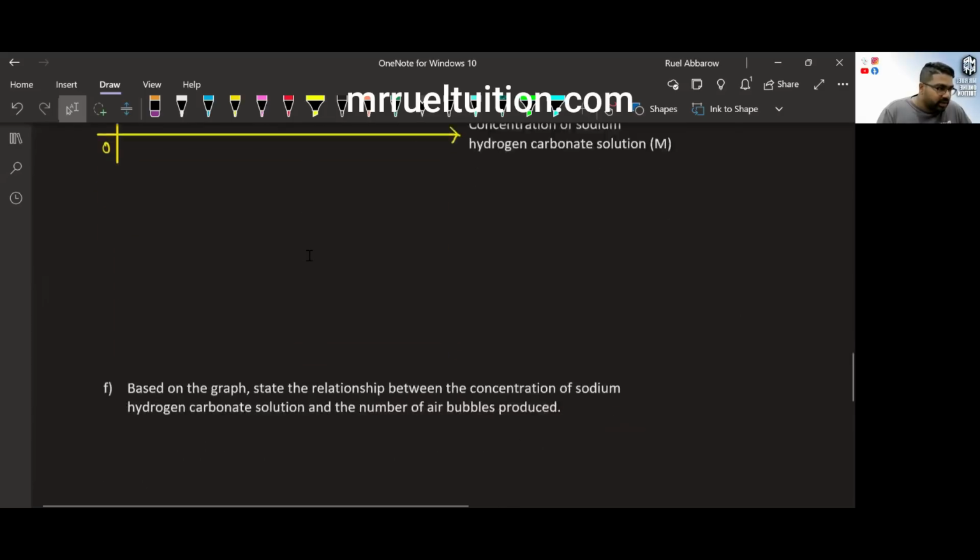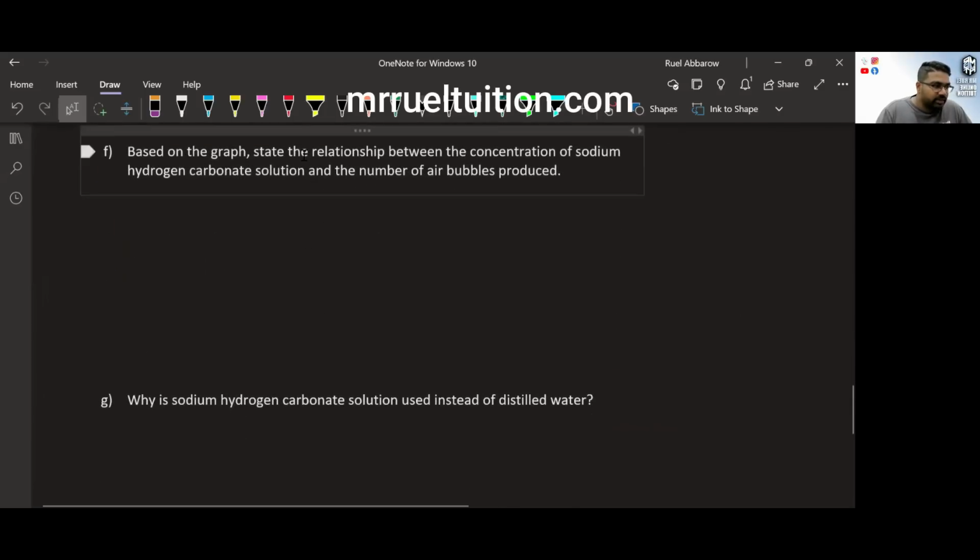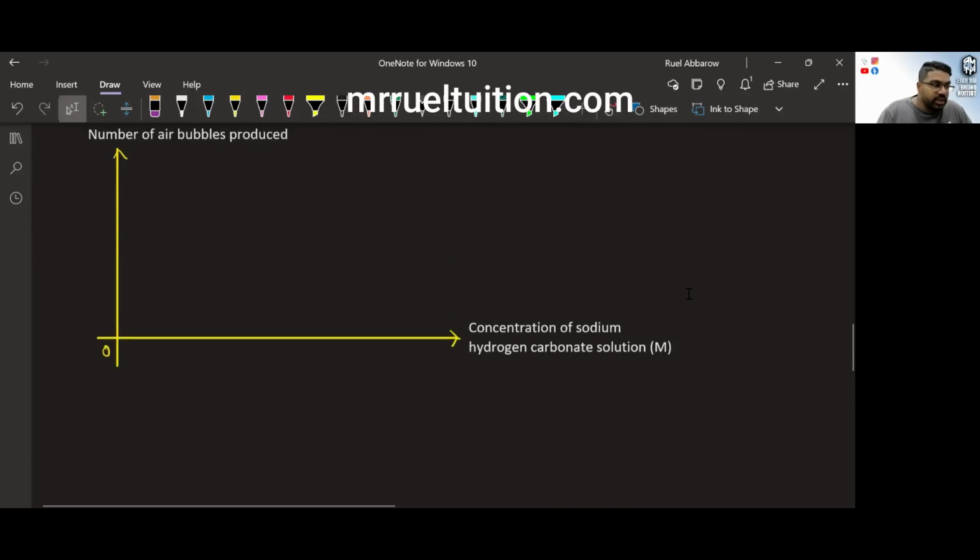So that's the graph. Now, based on the graph, state the relationship between the concentration of sodium hydrogen carbonate solution and the number of air bubbles produced. So again, based on the graph, either you will get a straight line like this, or you may get a curve curving slightly like that.